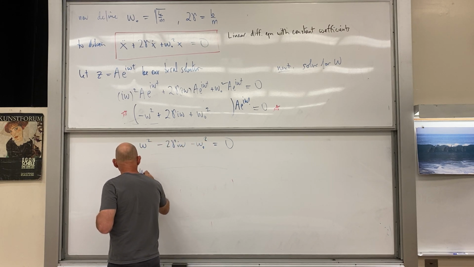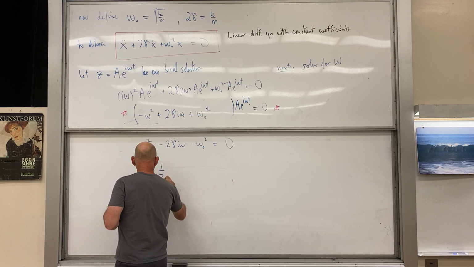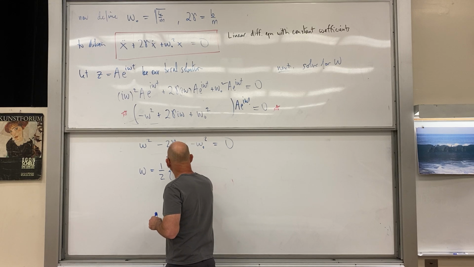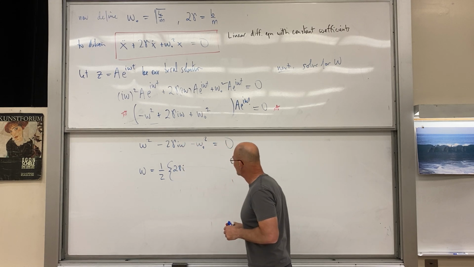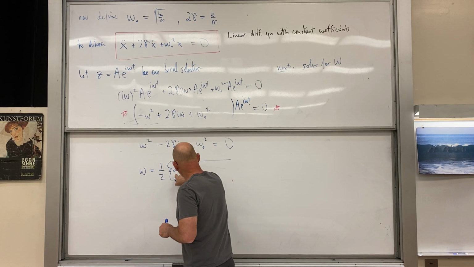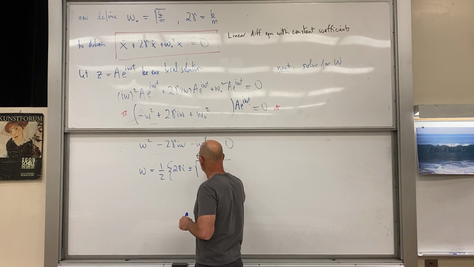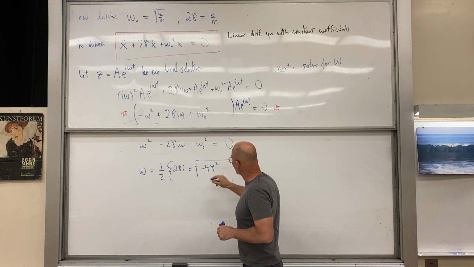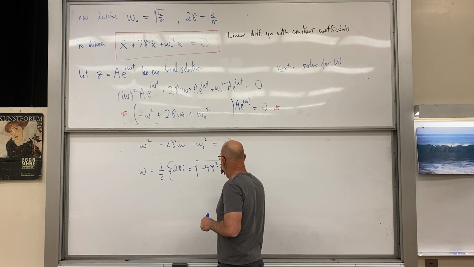So omega is equal to 1/2 negative b, so 2 gamma i, plus or minus the square root of b squared, minus 4 gamma squared, minus 4 times 1 times omega naught squared, minus 4 omega naught squared.